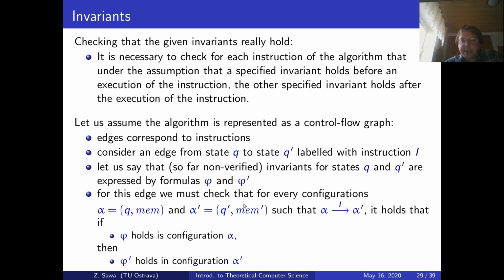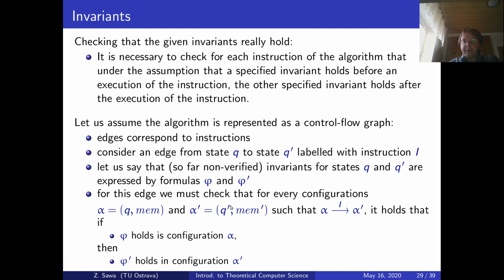then we must ensure that if we have some configuration where the current control state is q, together with some content of memory, so some configuration alpha, then by performing this instruction I, it will go to some configuration alpha prime where the control state will be q prime.